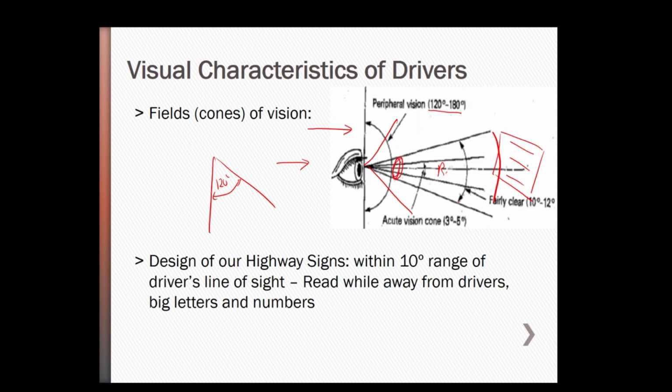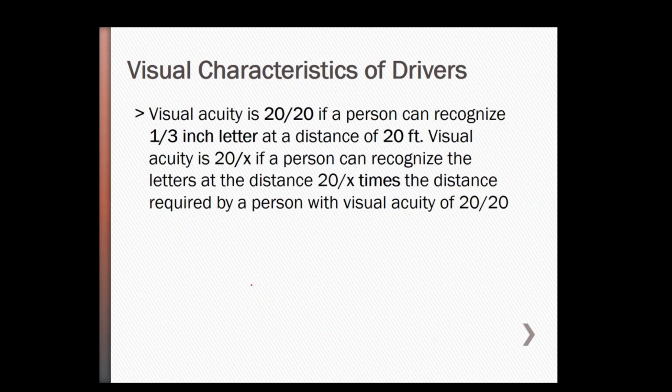So when we design highway signs, we want them within this fairly clear range of the driver's line of sight. We want to read well away from drivers, so we want big letters and big numbers. And we use exactly what doctors use: we want to find somebody called the design driver.